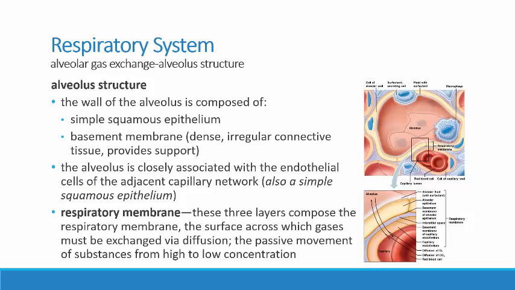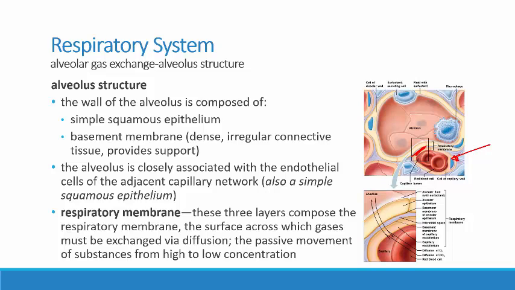The wall of the alveolus is a simple squamous epithelium with a little bit of basement membrane right behind it. That, of course, is dense irregular connective tissue, and it's supportive because the simple squamous epithelia are so delicate, so thin. And right nearby is a closely associated capillary network.